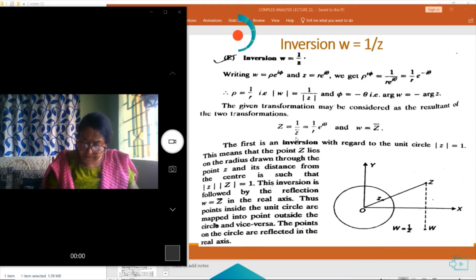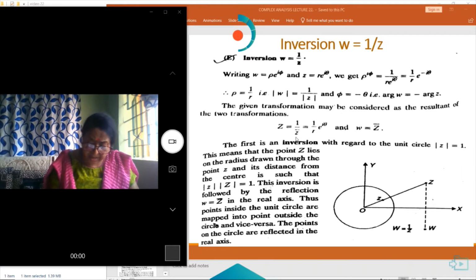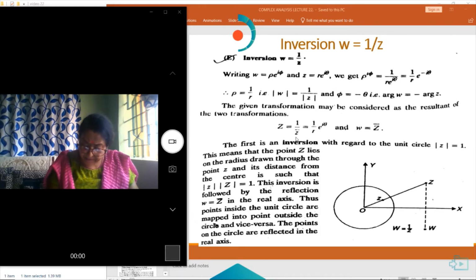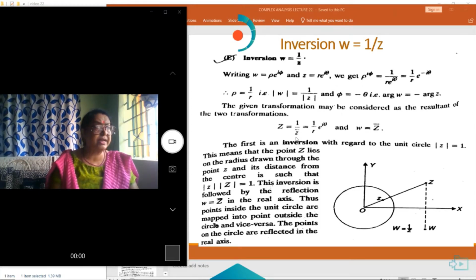So modulus of W is equal to 1 by mod Z, and phi is equal to minus theta, that is arg W is equal to minus arg Z. Now take capital Z is equal to 1 by Z bar, where Z bar means x minus iy.